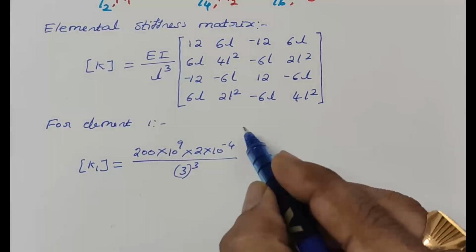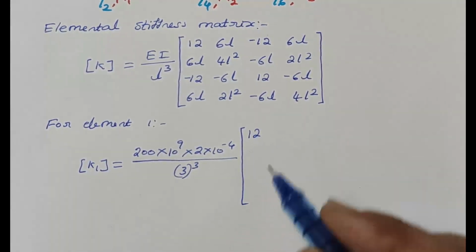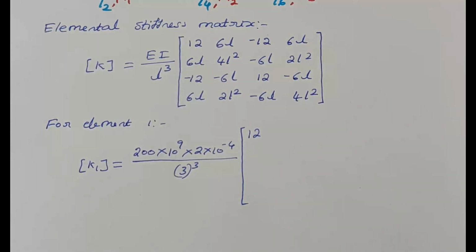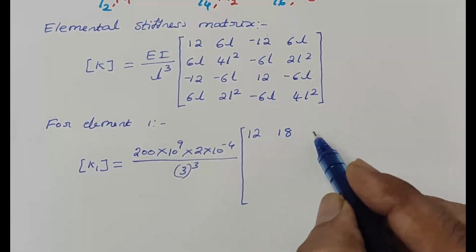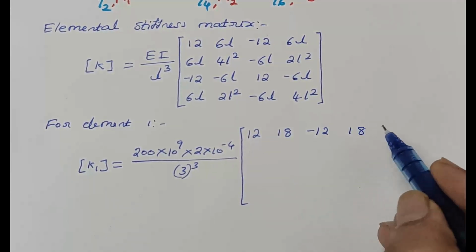The matrix is 12, 6L it is 18, minus 12, again 6L 18.